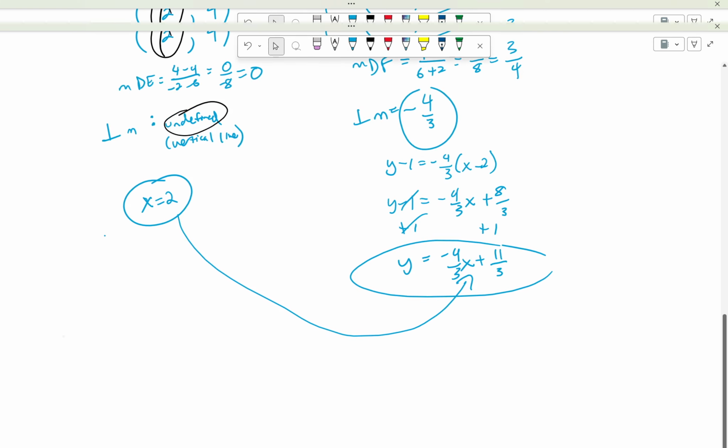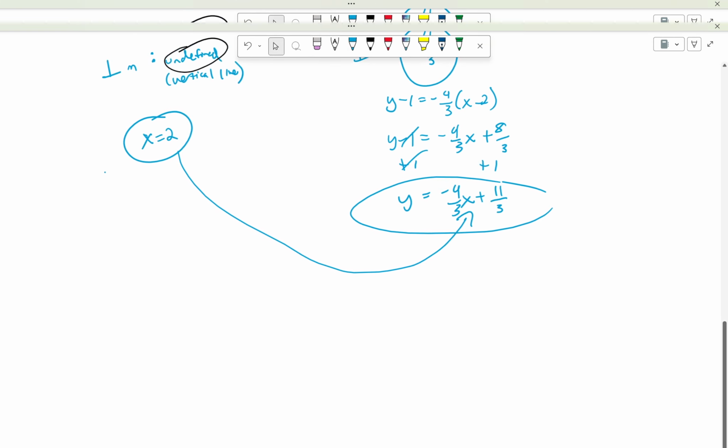I'm going to take this guy and plug right into here. So to figure out what the coordinate of my circumcenter is, well, the first one I have, I'm good to go. The first x is going to be 2. I've already got it. I don't have to solve for anything. Now I just need a y value for my circumcenter. So I plug in 2 for x.